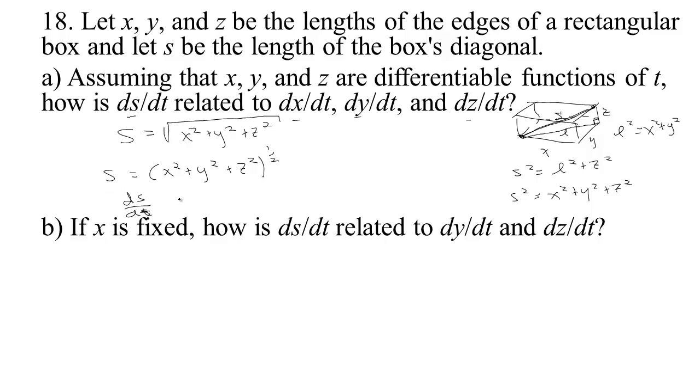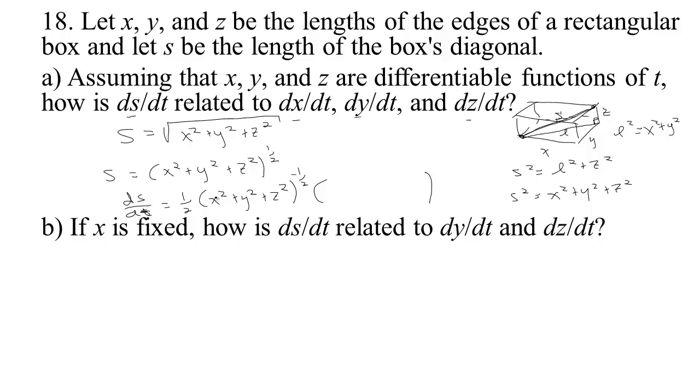If we differentiate this side with respect to t, the half will come down. We'll get x squared plus y squared plus z squared to the negative 1/2, and then we'll have to multiply that by the derivative of the inside.